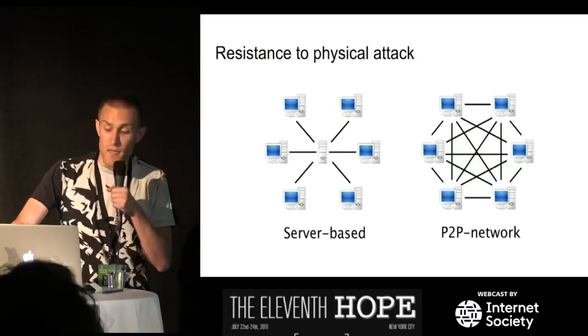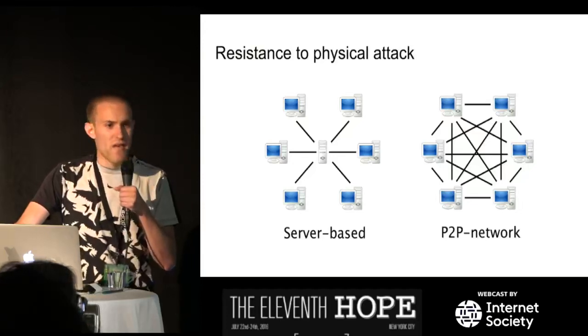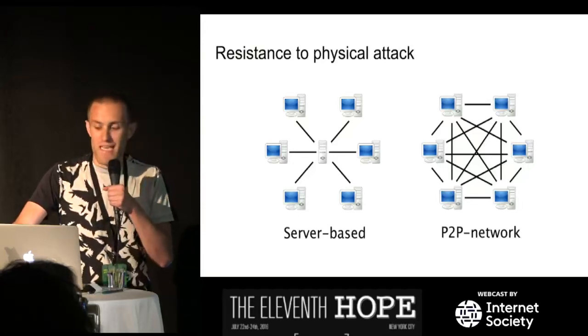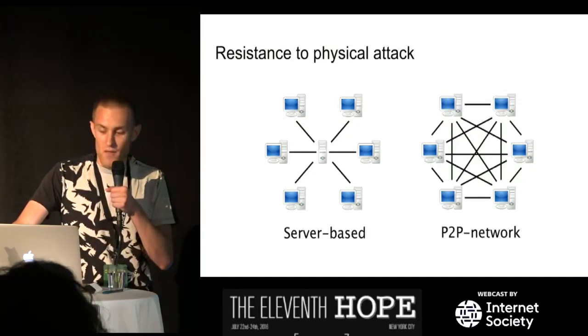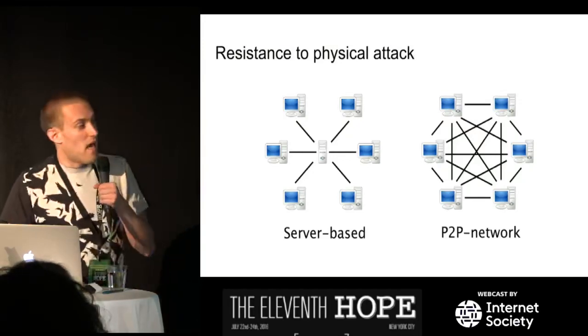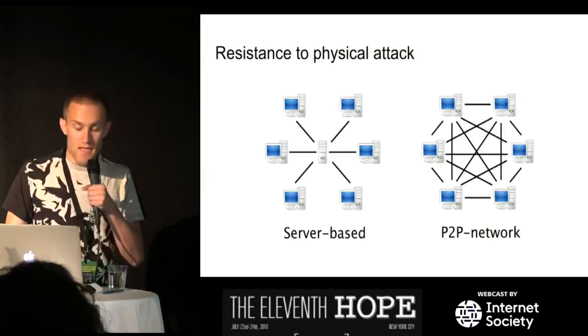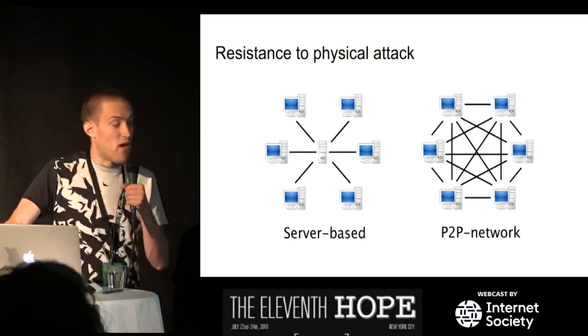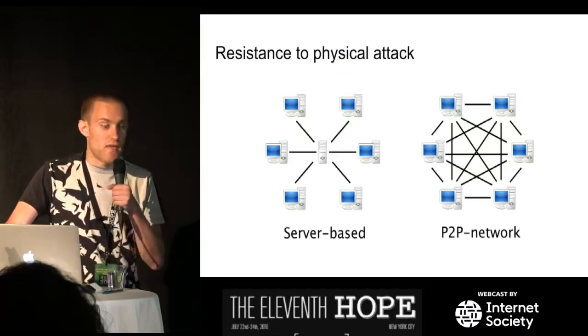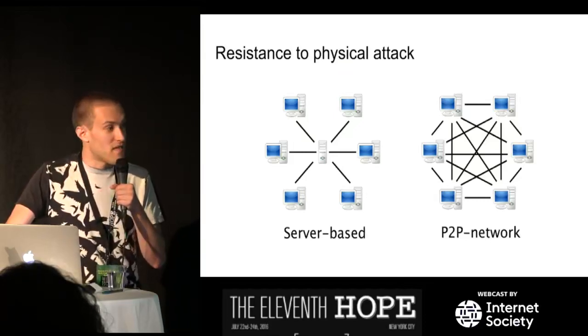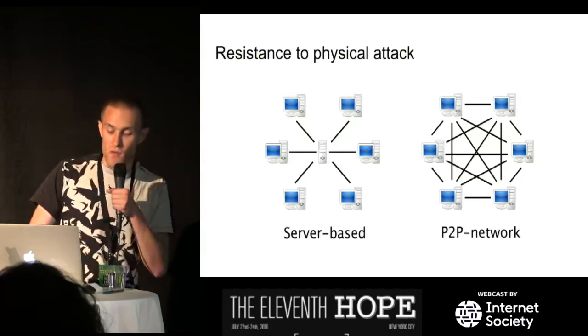And this is good because if you take out one participant, the fabric of the network stays intact. Gnutella, BitTorrent, and Bitcoin all do this. I'm not going to go into too much detail on this because it's sort of a solved problem as far as I'm concerned. But if you're interested in distributed systems, there's a lot of really cool stuff to read about.